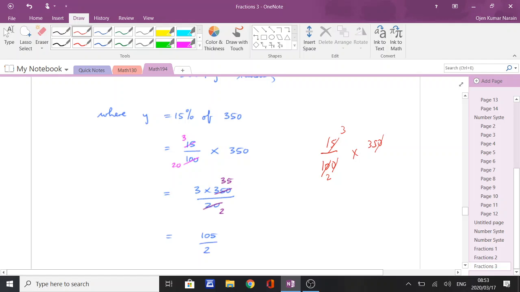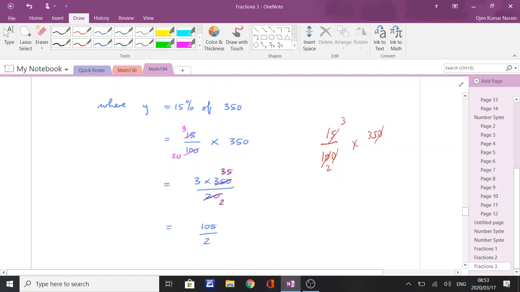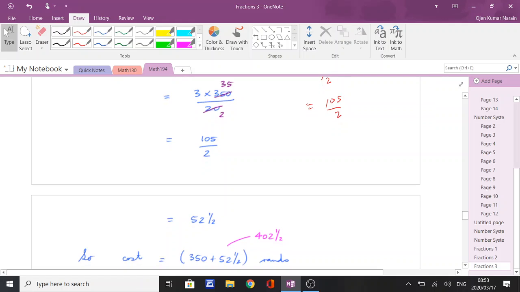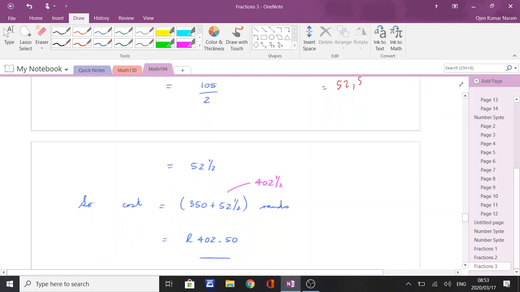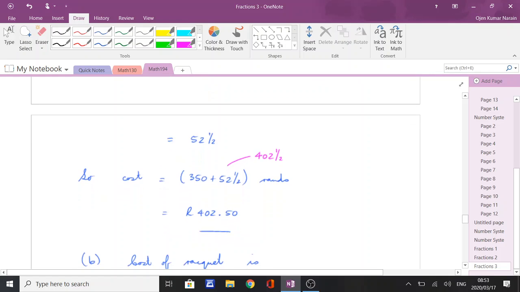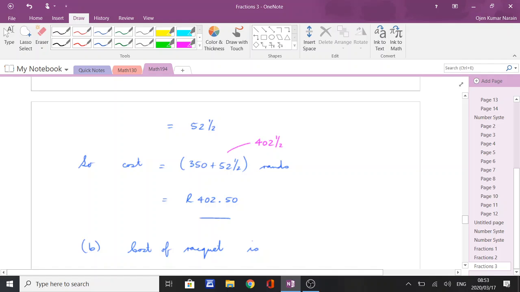So it's 35 times 3/2, which is 105 over 2, which is 52.5. So the cost of the racket now with VAT is 350 plus 52.5 rands, which is 402 rands 50 cents.